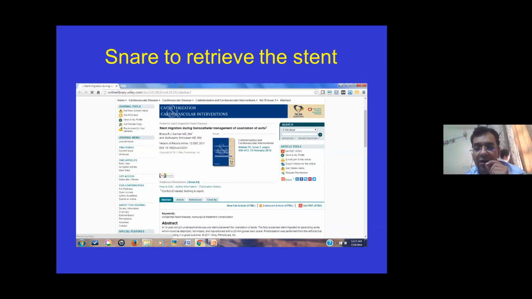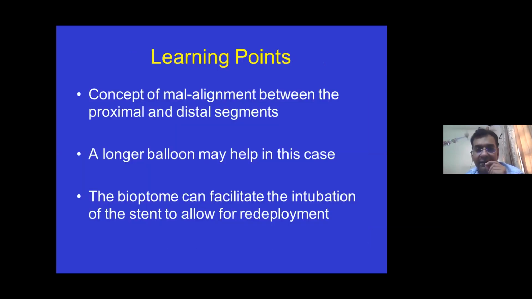We just have to use the bioptome enough to help us intubate the stent. Never try to hold the stent with a bioptome in such a way that you pull and redeploy it, because that wouldn't be possible. It will keep on slipping. The aim of the bioptome is just to hold it so that you can reintubate it with the appropriate size balloon and then bring it to the appropriate area.